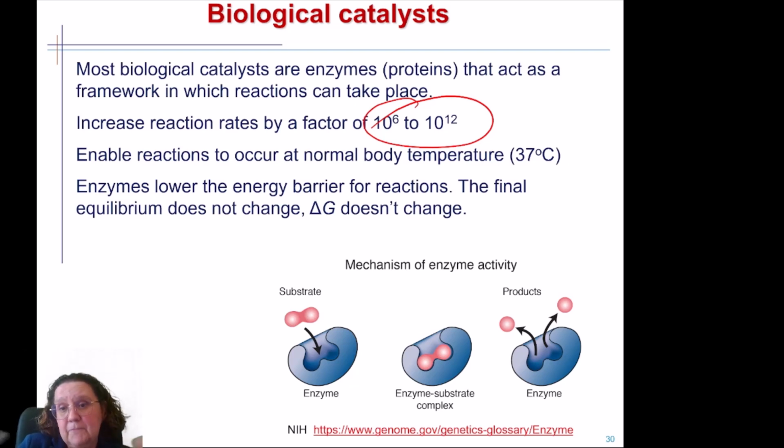Typically, a place to meet. Typically you have the enzyme and you have the substrate, and it allows the substrate to meet, the reaction to happen, and then the product gets released, and the enzyme goes on to react with another molecule of substrate. So they're extremely efficient catalysts that are much better than any catalyst that we humans have designed.